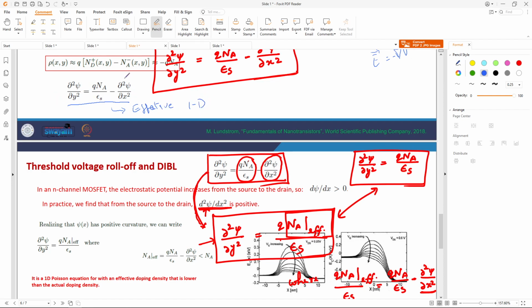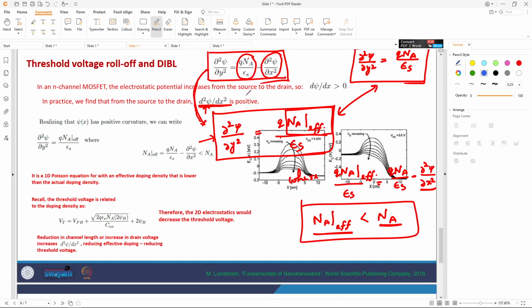It still looks like the 1D equation. What I'm doing is taking the x dependence to the right hand side. I know Poisson should be capitalized, but I'm sorry, I started writing that. So this is the effective 1D equation.